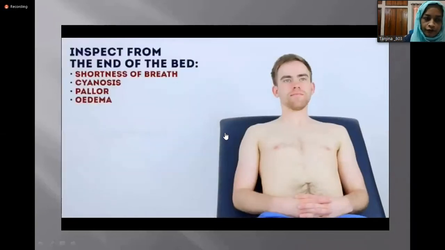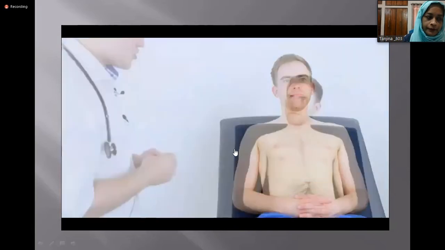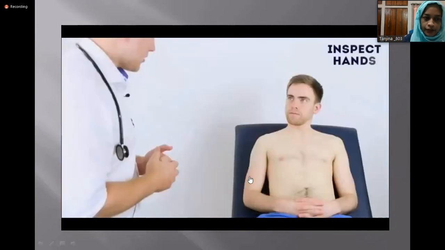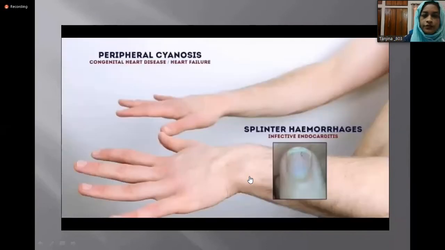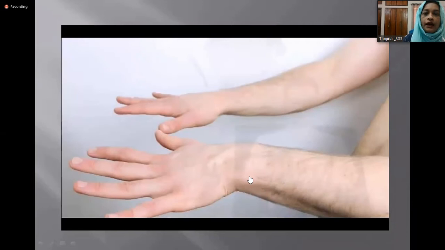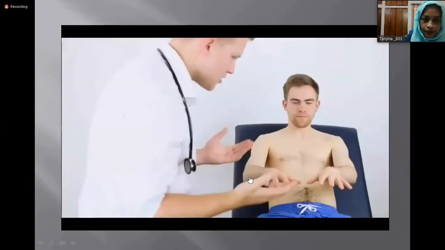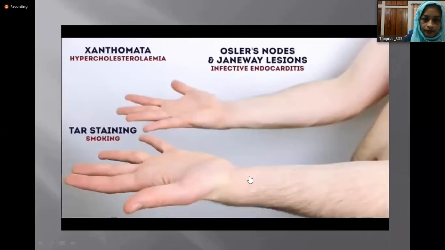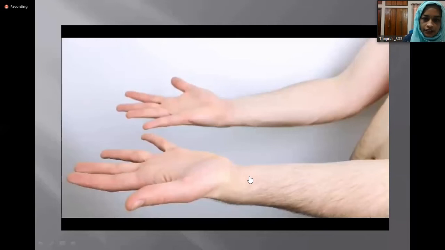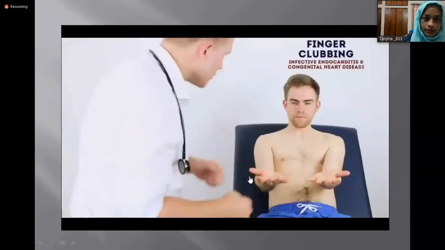And then look for the cutaneous manifestations of the hands, like peripheral cyanosis, splinter hemorrhage, Janeway lesions, Osler nodes, xanthomata, and finger clubbing, and do the Schamroth window test.